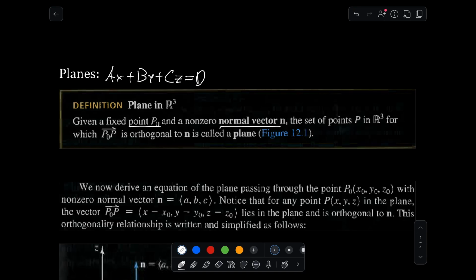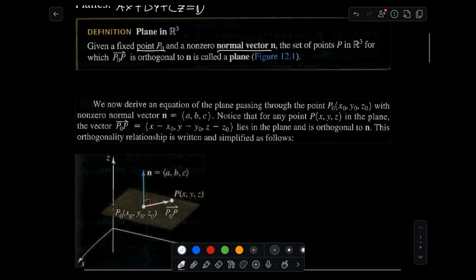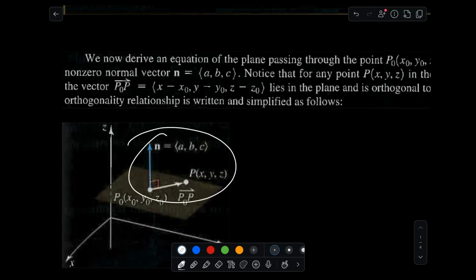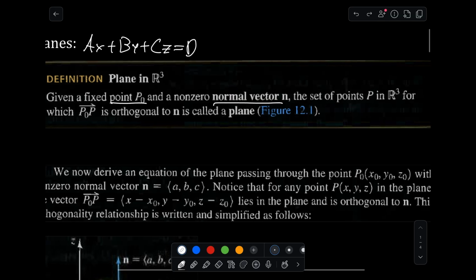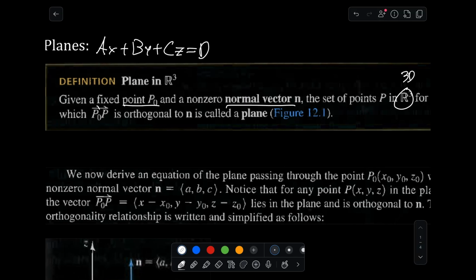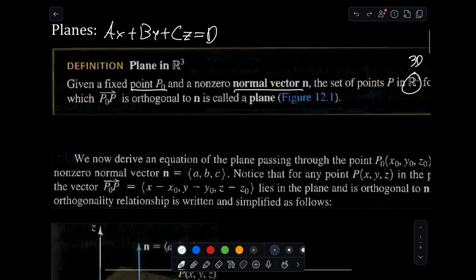We covered that in our last section, the normal vector. It's going to be pointing up and outward from the point. For the set of points P in R cubed, this is just 3D, for which the vector P naught P is orthogonal to n, it's called a plane.